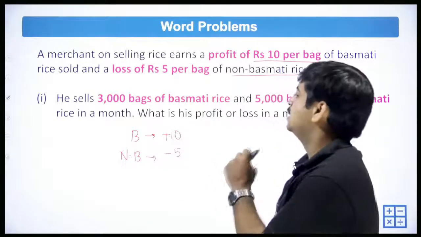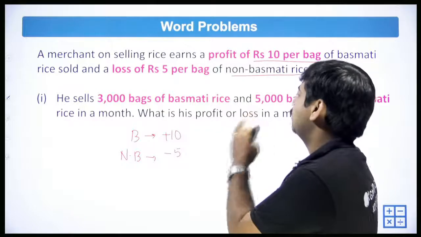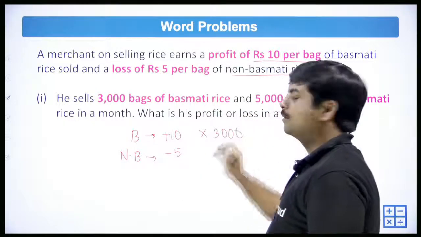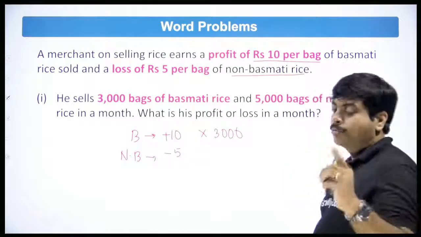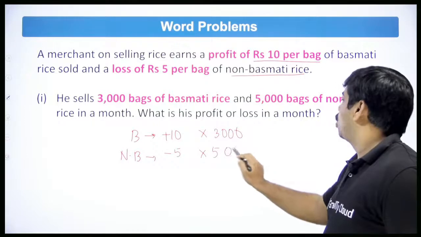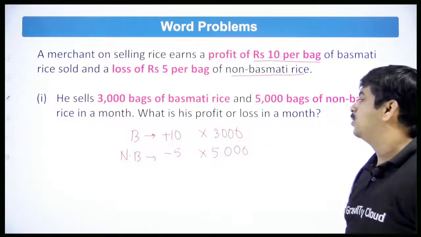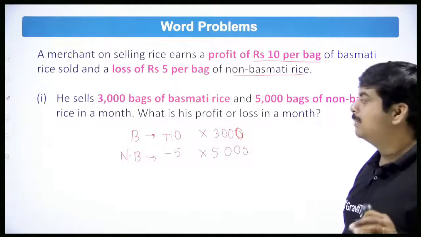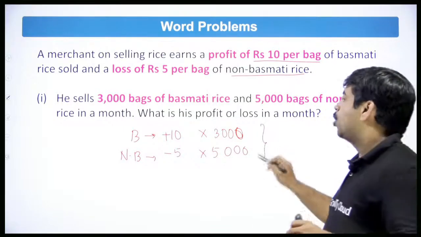So the point here is he sells 3,000 bags of basmati rice at a profit of 10 rupees per bag, and 5,000 bags of non-basmati rice in a month. 3,000 basmati and 5,000 non-basmati bags. So what is the profit or loss in a month?